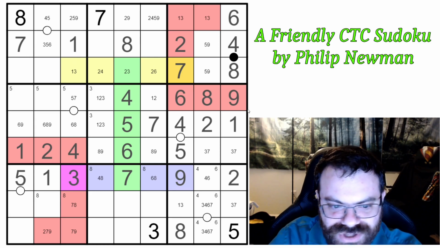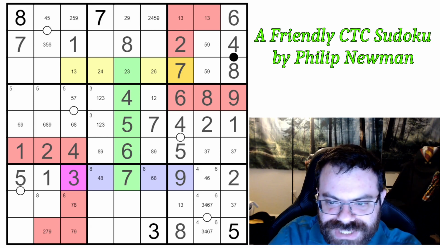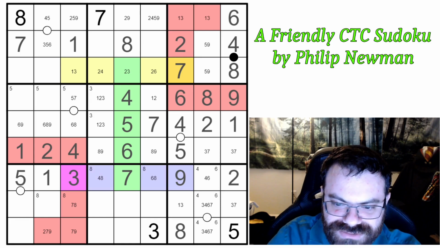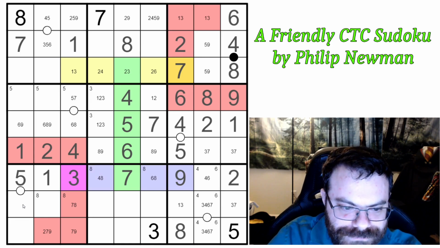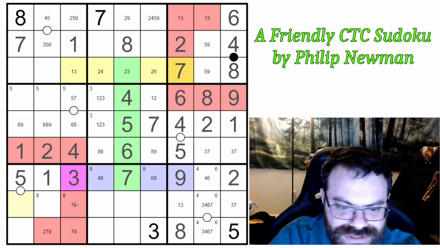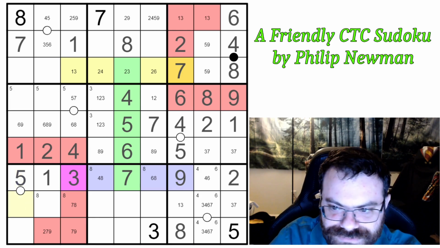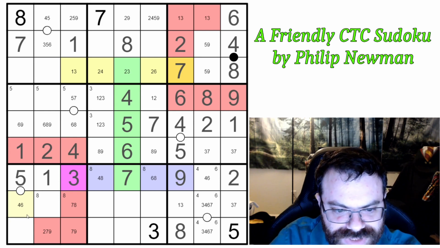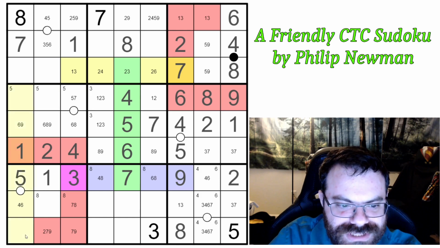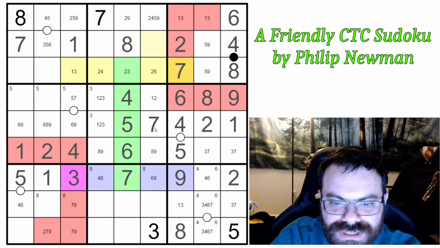But the first video in the series, I went over naked and hidden singles, and then I went and solved 2 puzzles that could be solved with only hidden singles. And I even did so on the first one by not putting any pencil marks in at all, and just looking for the hidden singles through scanning.